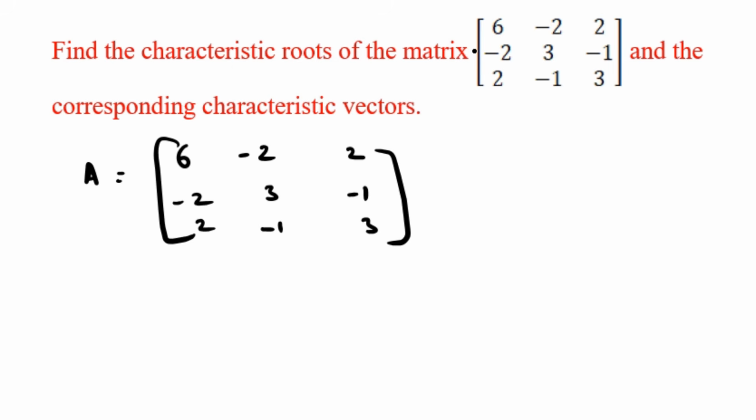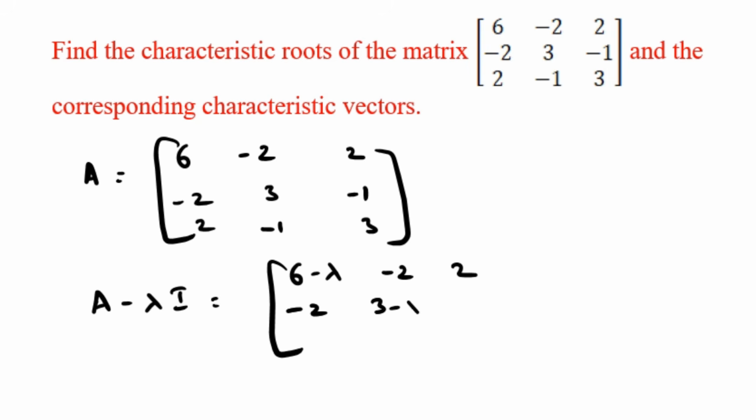The characteristic matrix is given by A minus lambda I is equal to 6 minus lambda minus 2, 2 minus 2, 3 minus lambda minus 1, 2 minus 1, 3 minus lambda.